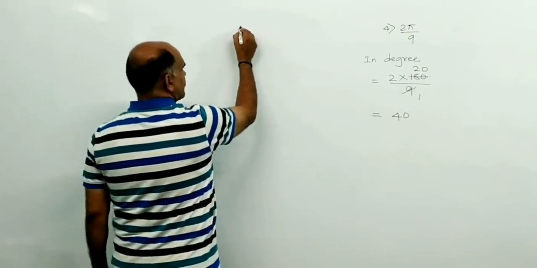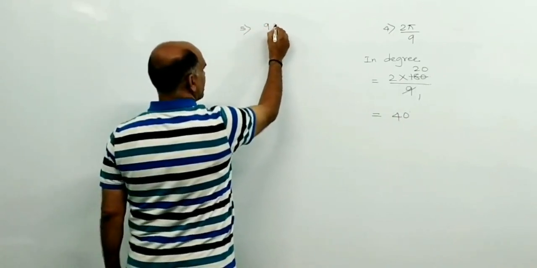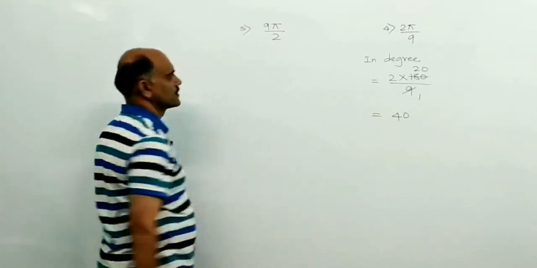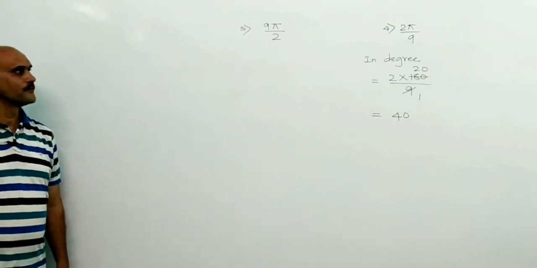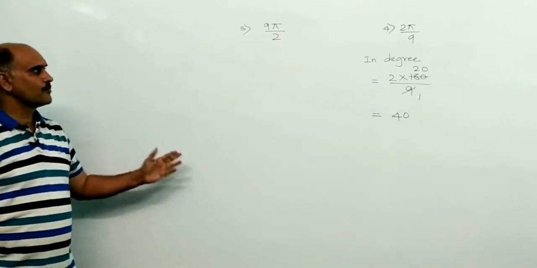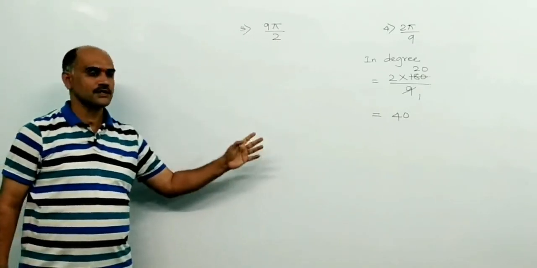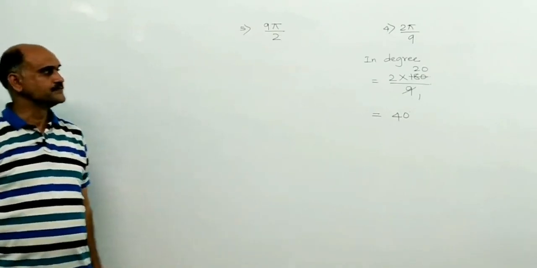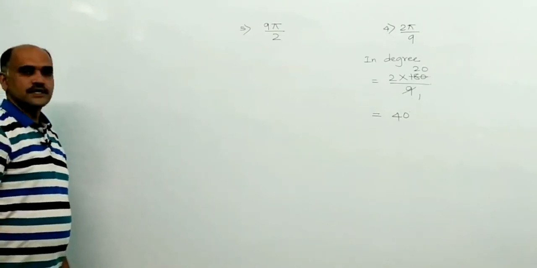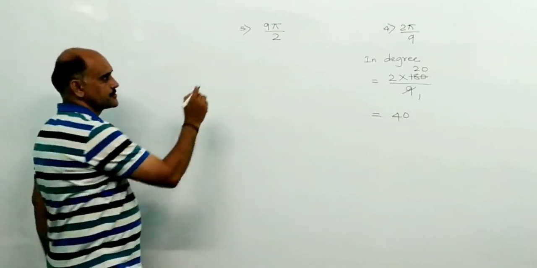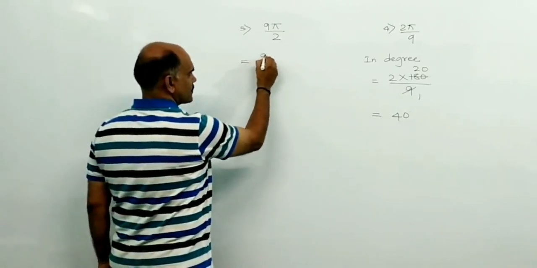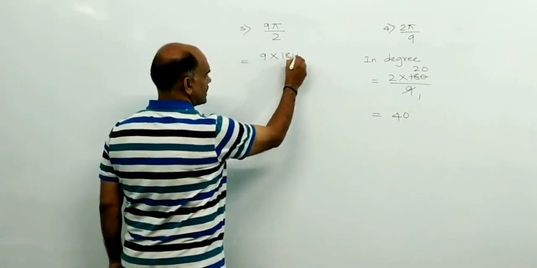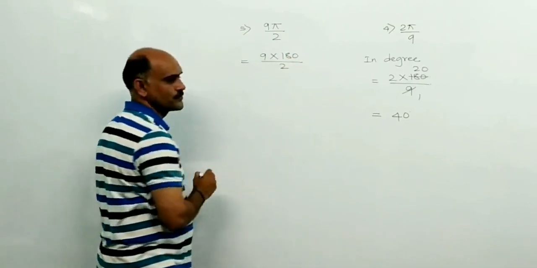Similarly you can try the fifth one, 9 pi by 2. Try, students. In place of pi, you substitute 180 degree. So 9 into 180 divided by 2.